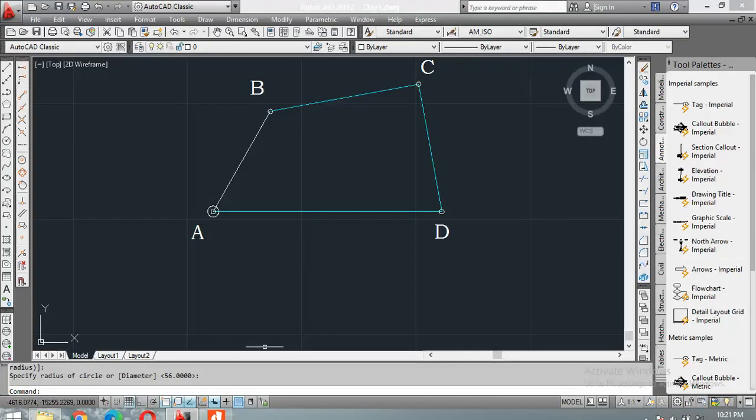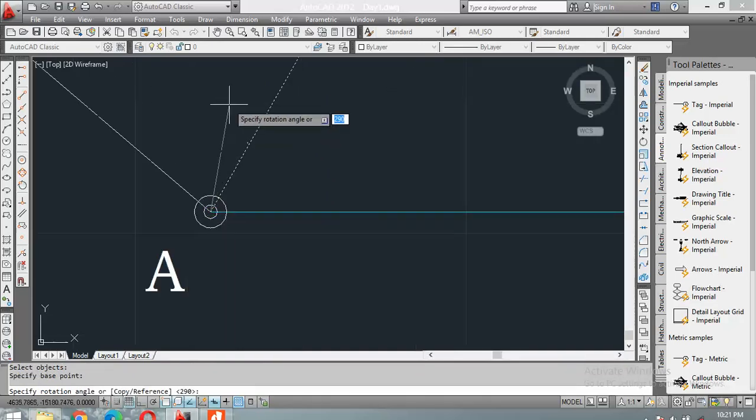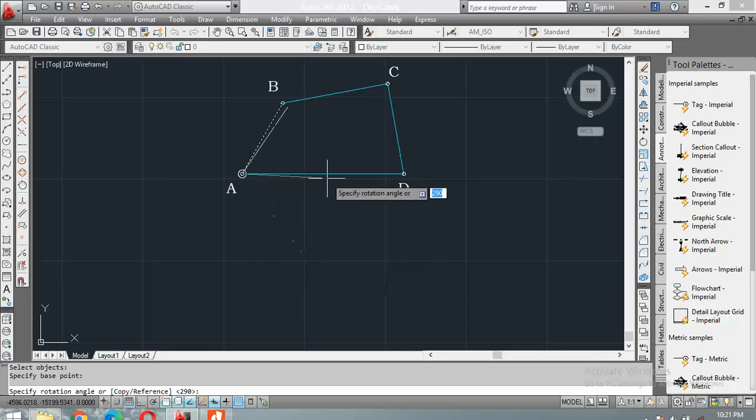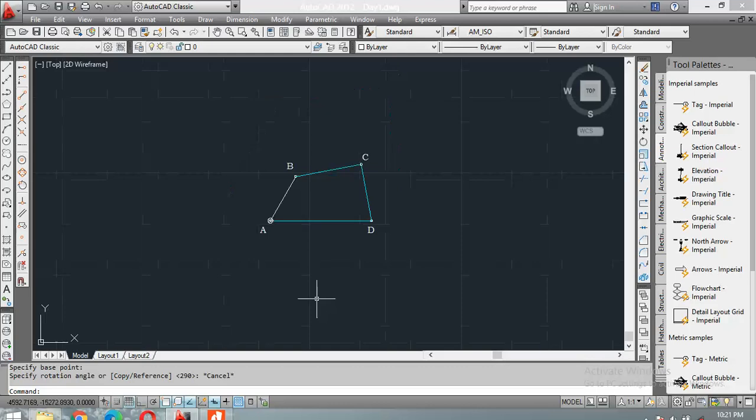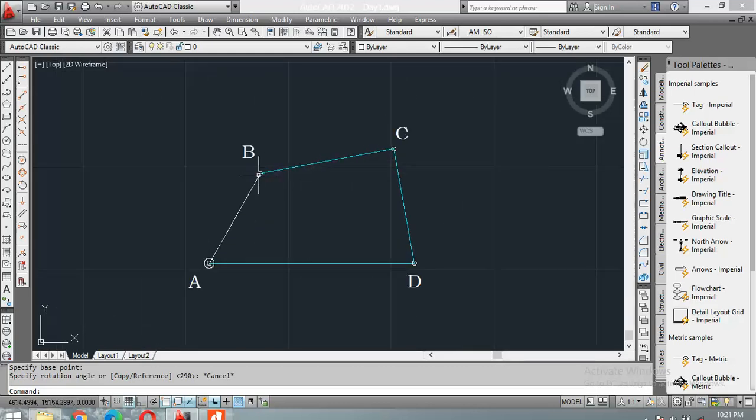So let us rotate this AB link, which is rotating in anti-clockwise direction like this. Obviously, what should be the direction of velocity of point B if we consider it on the AB link?